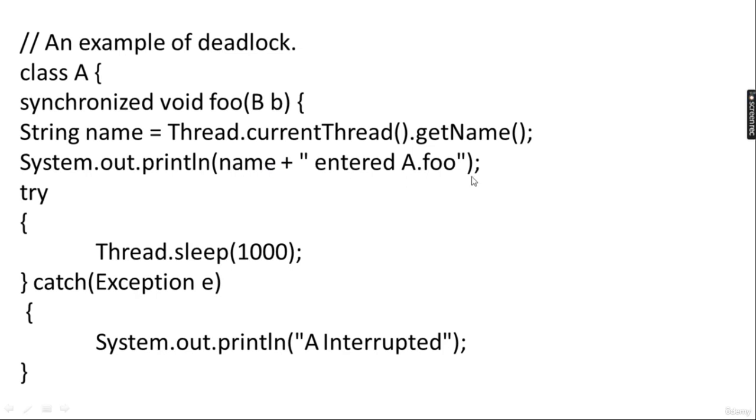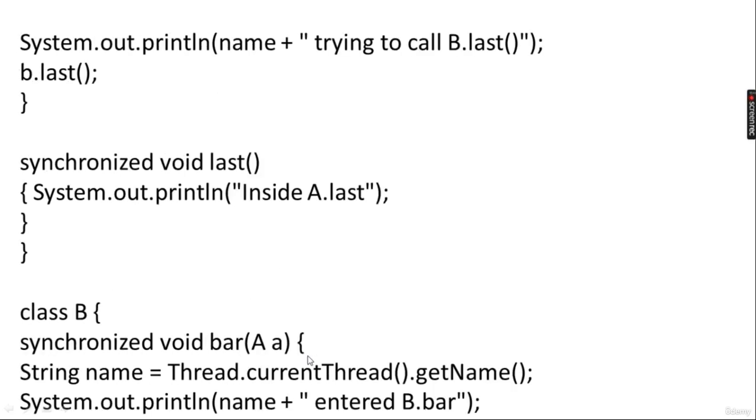The name entered A.foo. Now the thread sleeps for 1 second, handling InterruptedException. Then the name is trying to call B.last. Then there is synchronized void last inside A, which is A.last. Then in class B, synchronized void bar takes A.